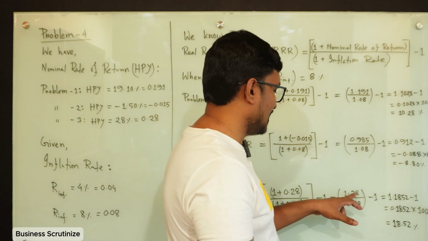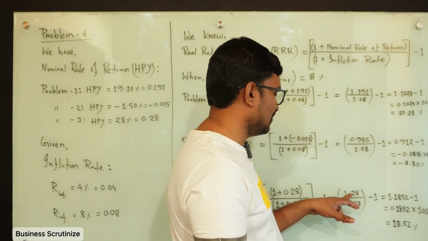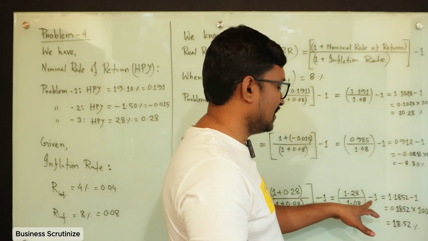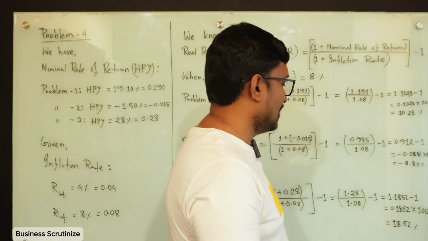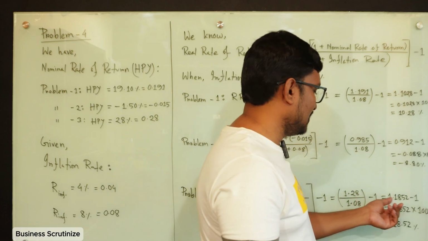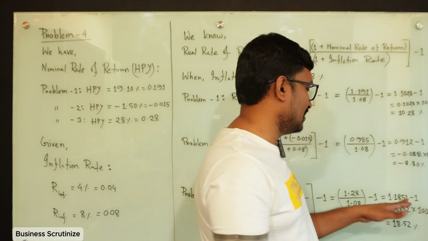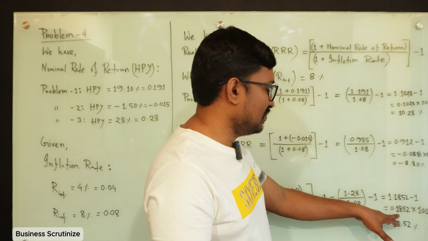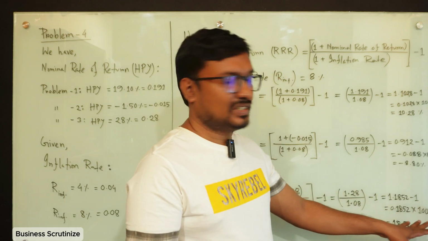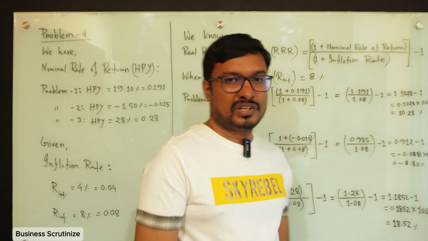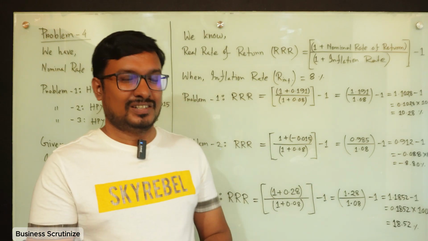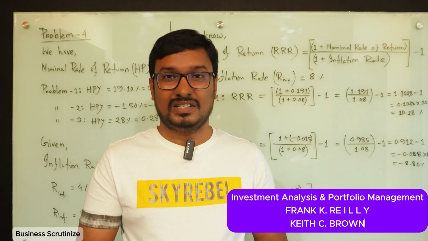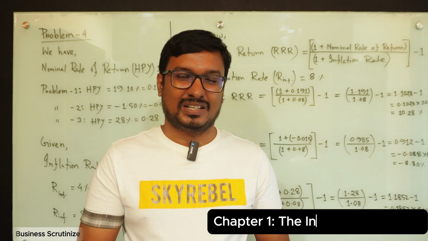Then we can write 1.28 divided by 1.08, subtracting 1, and after division we get 1.1852 minus 1. After subtraction it is 0.1852, times 100, and it is 18.52% as the real rate of return, considering 28% nominal rate and 8% inflation rate.